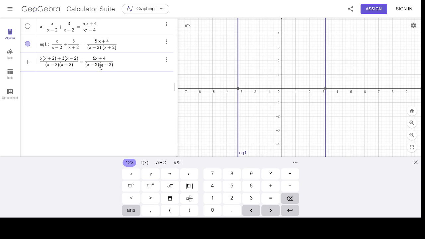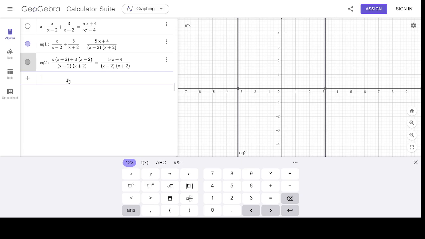Now, having a common denominator, as you can see in the left hand side of the equation and the right hand side of the equation, we can do away with the denominator. So we can write the equation without the denominator because we have a common denominator in the left and the right hand side of the equation.